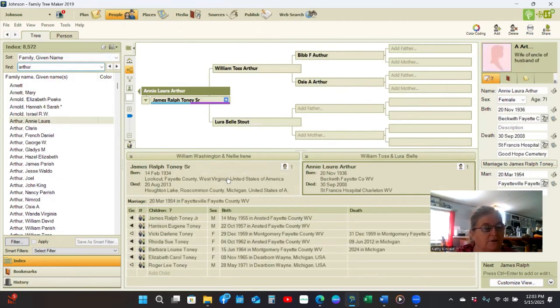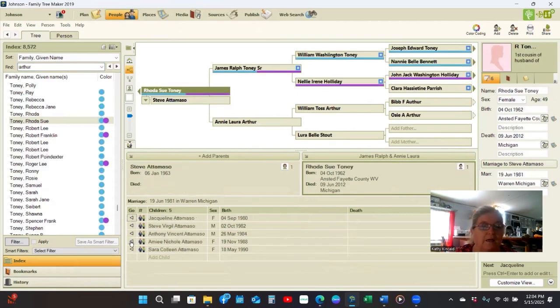It has hers born in 1926, and I know that's not right. She died in 2008, and she's buried at Good Hope. So I've got all that in there. And then her daughter, Rosie, was born in 1962 and died in 2012. So we got all that information in there.